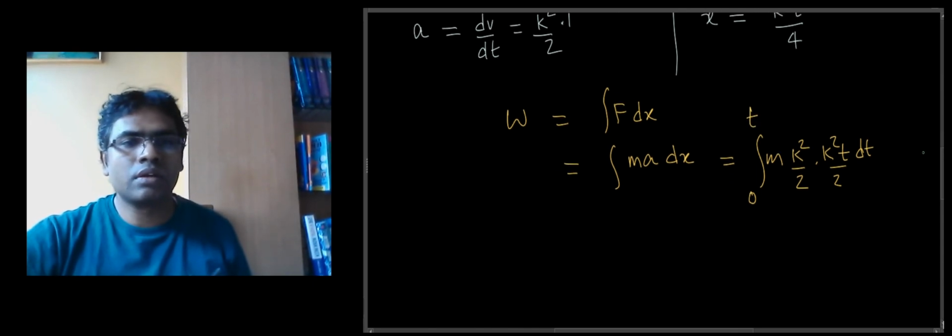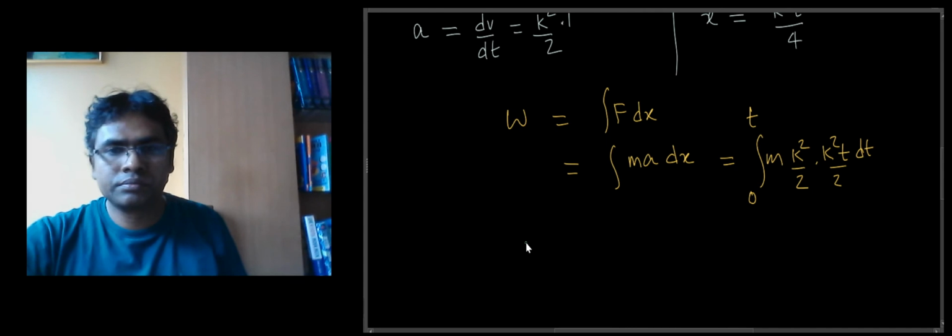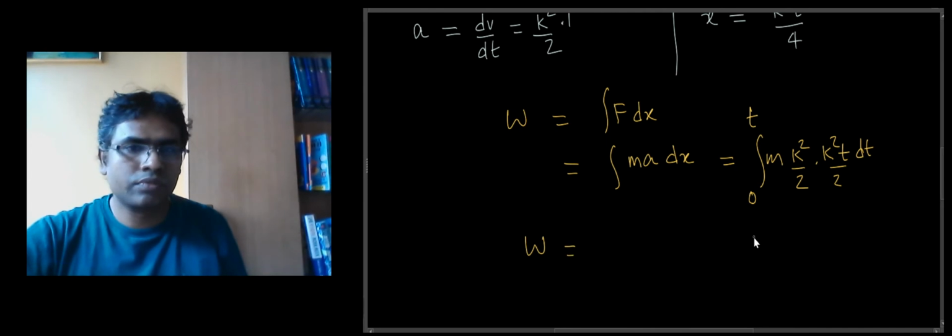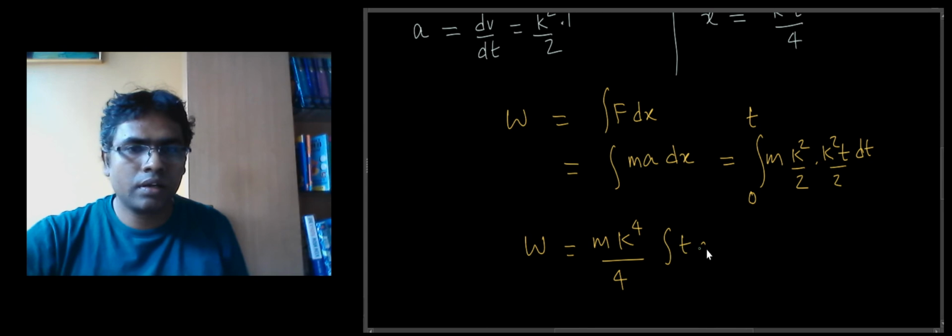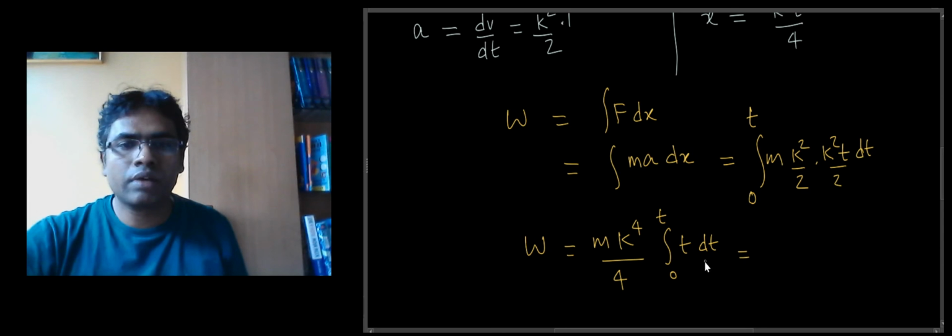If I pull the constants out of the integral, the work done will be m k to the power 4 upon 4 and the integral of t dt. I'm going to integrate from 0 to t.